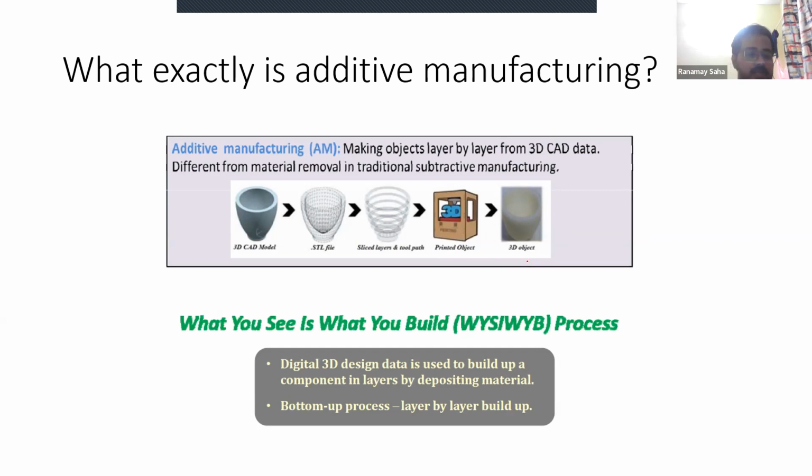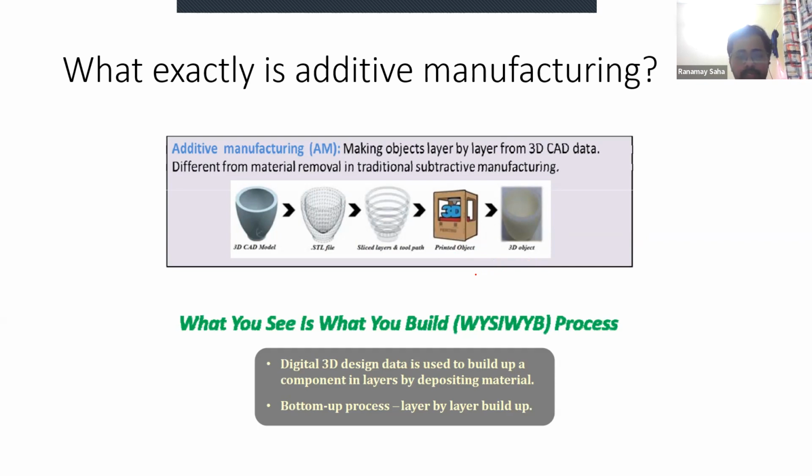Since you are not removing any material and just depositing layers of material over one another, that's why it becomes an additive manufacturing process. You're adding layers of material over one already placed layer. So that's how additive manufacturing got its name.